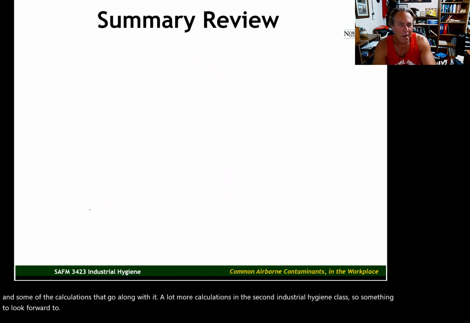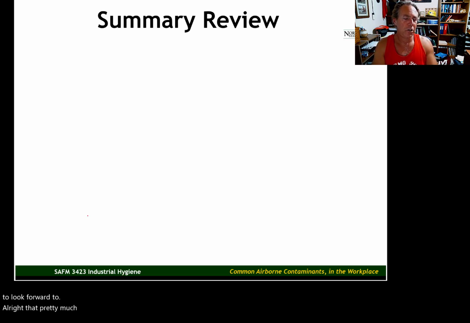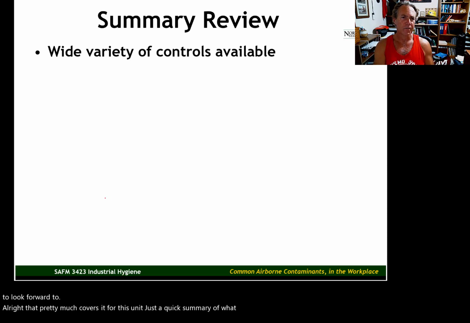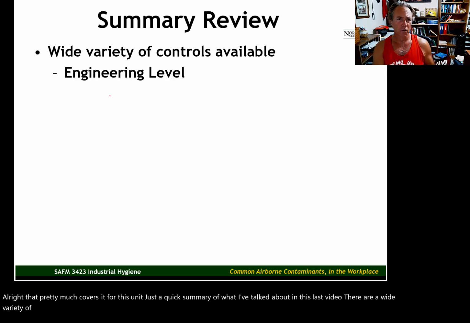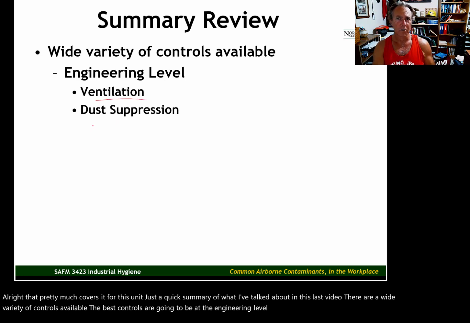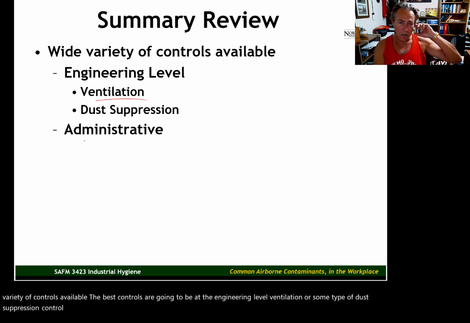All right, that pretty much covers it for this unit. Just a quick summary of what I've talked about in this last video. There are a wide variety of controls available. The best controls are going to be at the engineering level: ventilation, or some type of dust suppression control. Administrative controls, which I really didn't talk about too much, but we've talked about before.